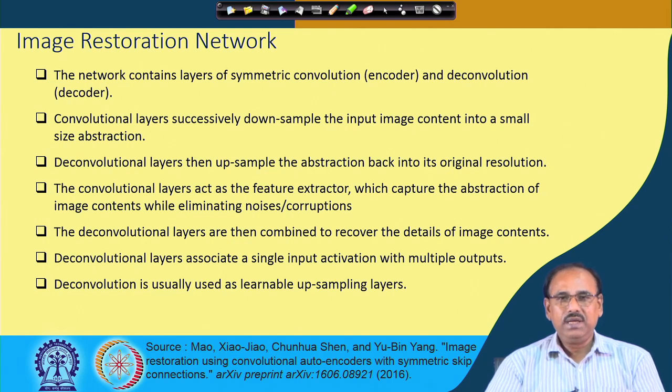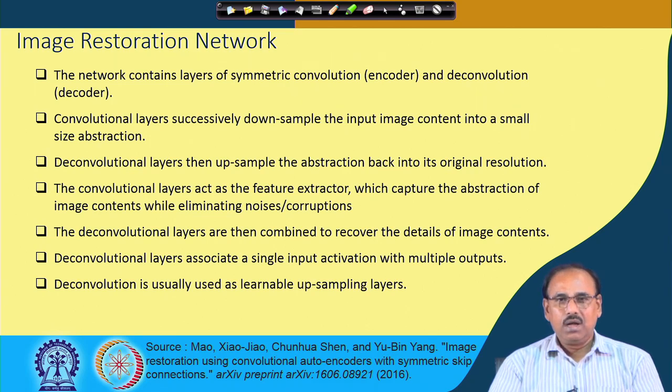And when you perform the deconvolution operation, as the noise has been suppressed by the convolution operator, when I try to deconvolve or upsample the image, I restore the original resolution, but the noise will be removed from that original resolution.